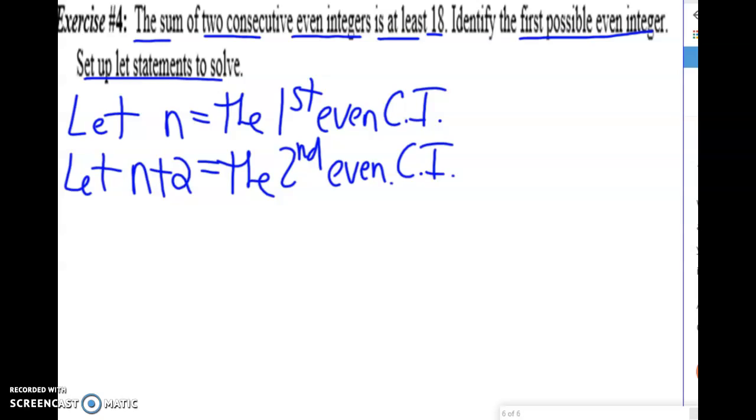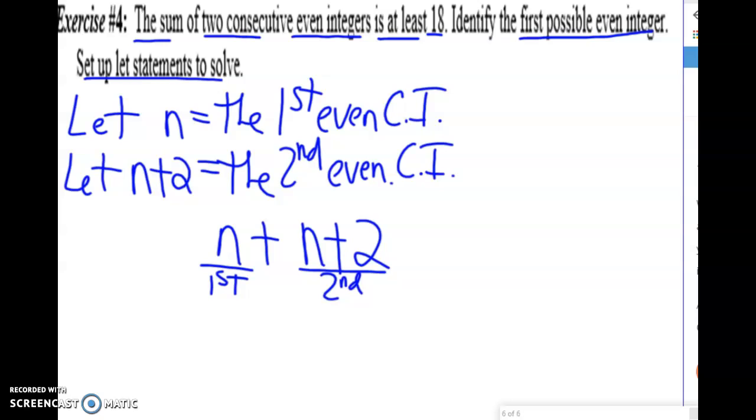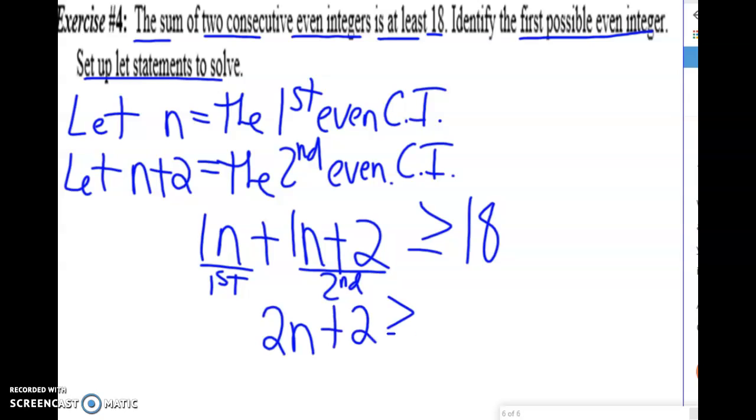But we are told that the sum of these two consecutive integers, so sum means just simply to add. So I'm adding the first number n with the second number, which is considered n plus 2, and then we have at least. So this would be greater than or equal to, and our total is 18. Go ahead, add numbers in front of the variable so that you can see this is 1n plus 1n for 2n plus 2 greater than or equal to 18.